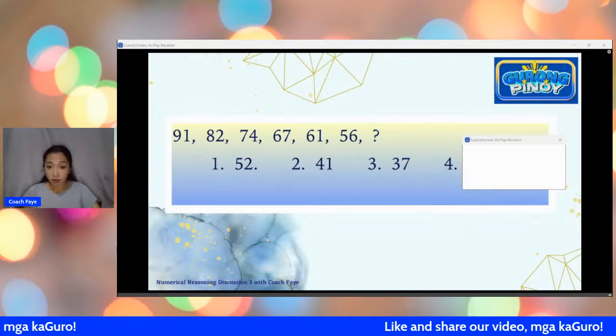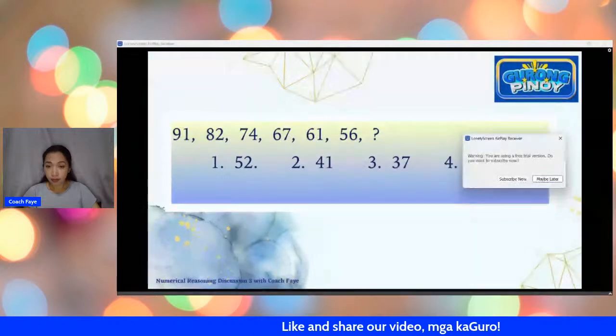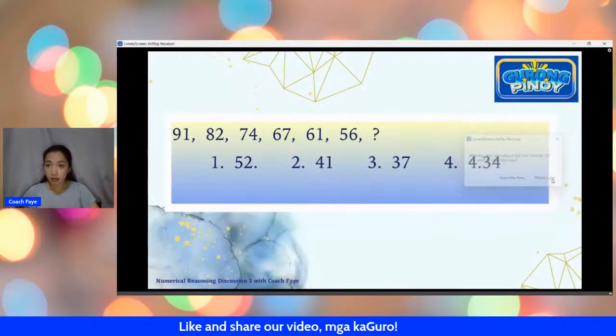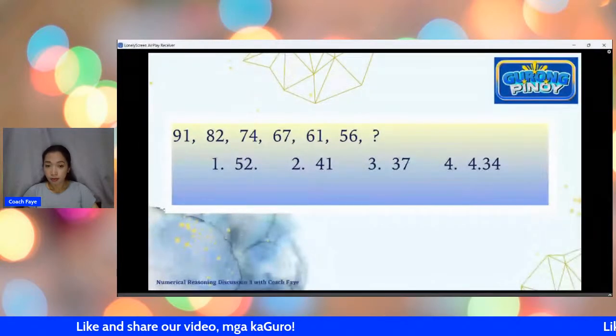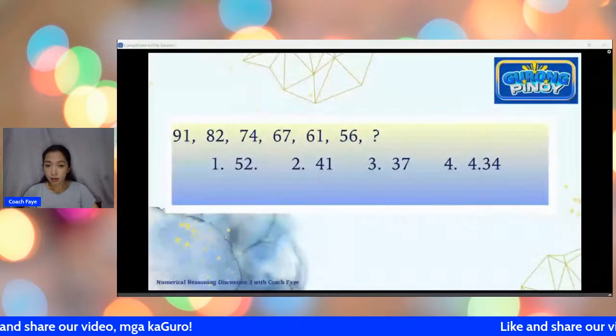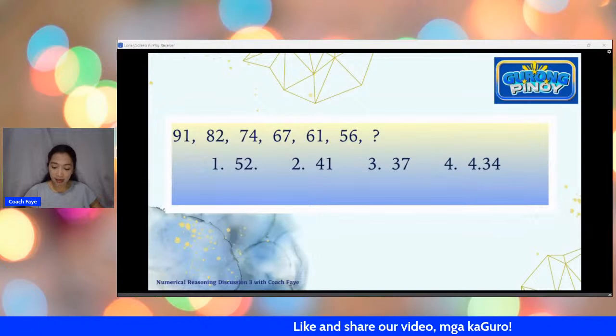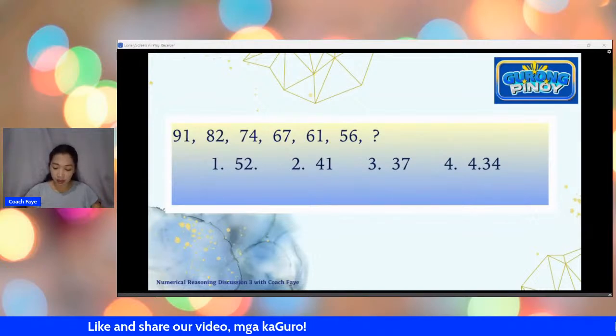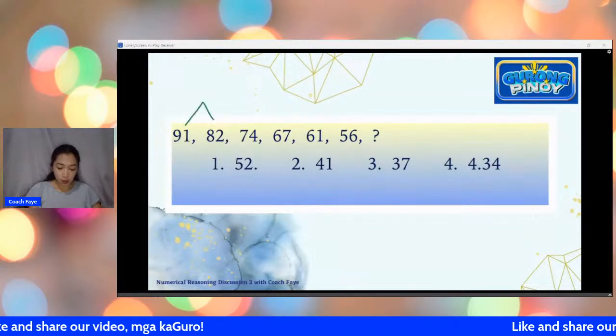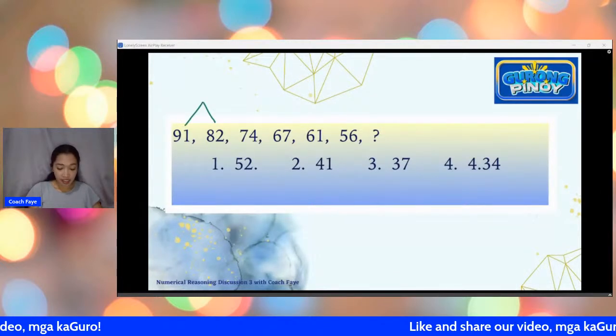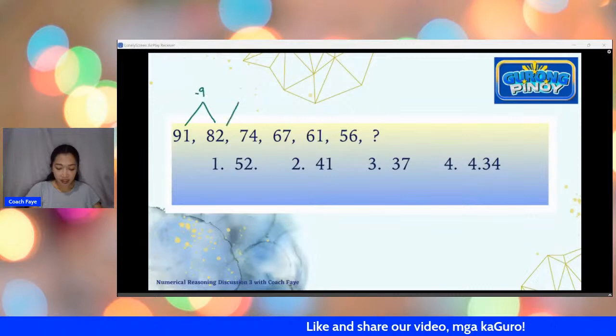Wait, let me remove this first. Ayan. Sandali. So, this one is, sige, let's take a look. Ano po ba yung pattern na nakikita natin dito? Dito na ako sa taas magsusulat. Ano po? Medyo, hindi na po kasi visible sa baba. So, what's happening here is, this is minus 9. This is minus 8.